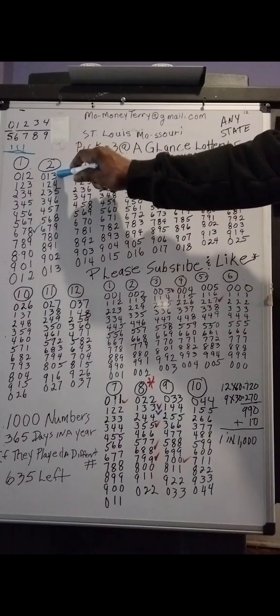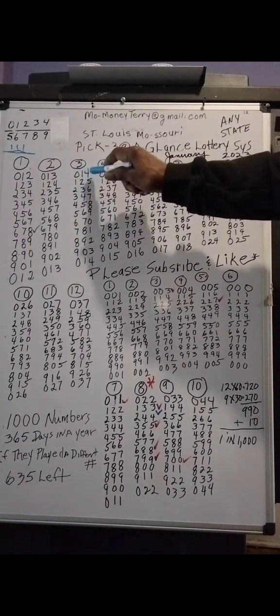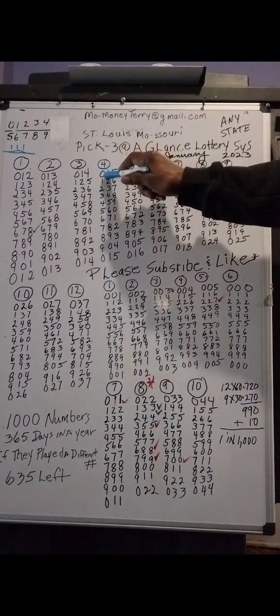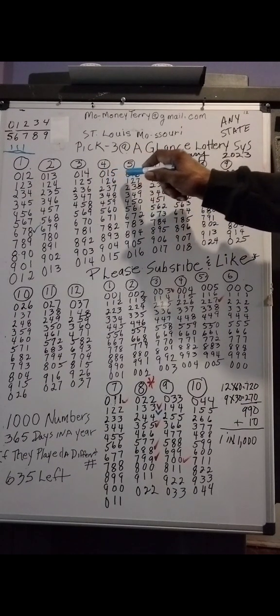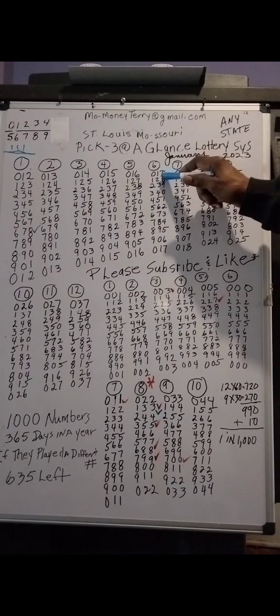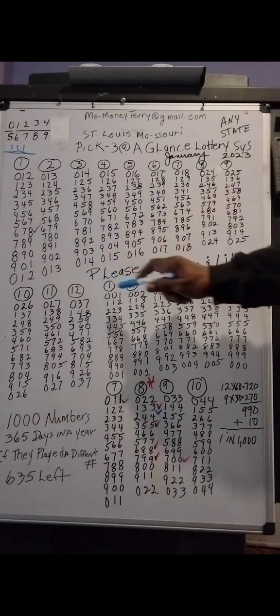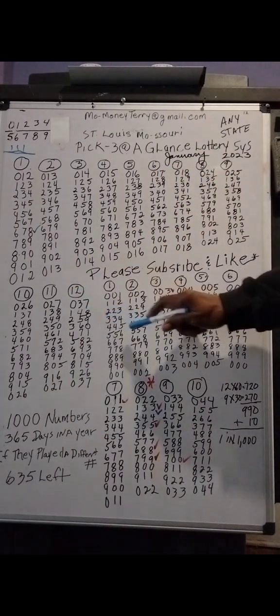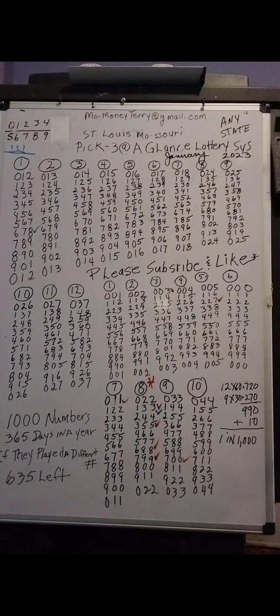This 013 will always be in the rundown. This 014, this 015, this 016, this 017, and so on. The same with the doubles. They will always be in that rundown.